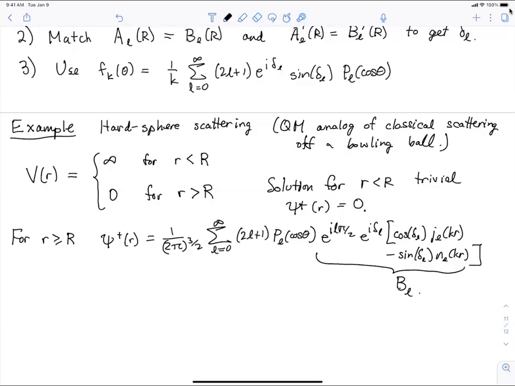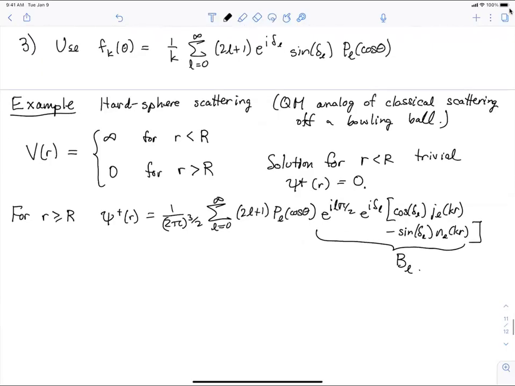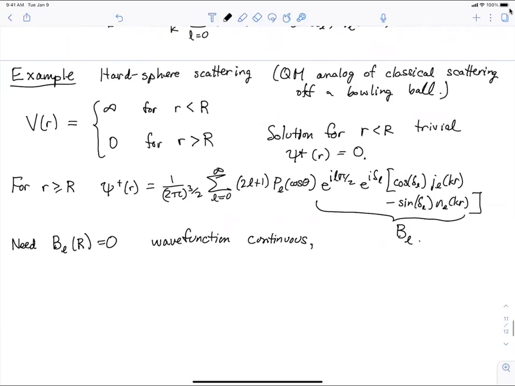Okay, and so basically we just need that thing to be continuous, so it needs to match to 0. And so we need B sub L at capital R to equal 0. The wave function is continuous, even if the potential is infinite. The derivative of the wave function is what won't be continuous, but in this case, we don't even care. So all that we have to do, the only way we can make this thing vanish is for this stuff to be 0, because everything else is not 0.